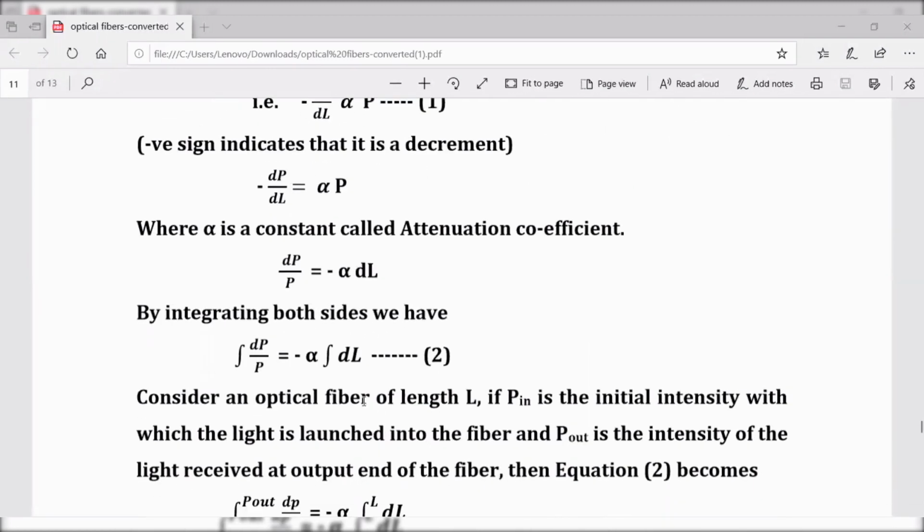Now, let us integrate on both sides. That is, integration of dP by P is equal to minus alpha into integration of dL.